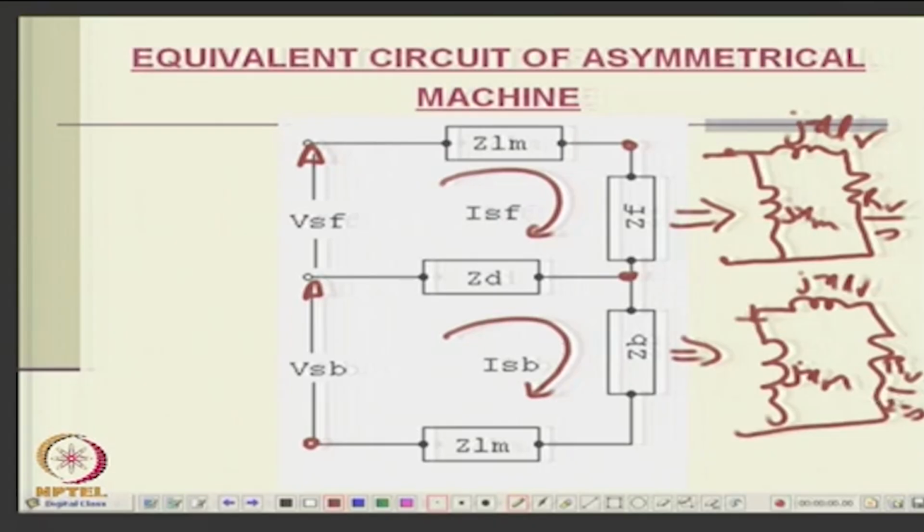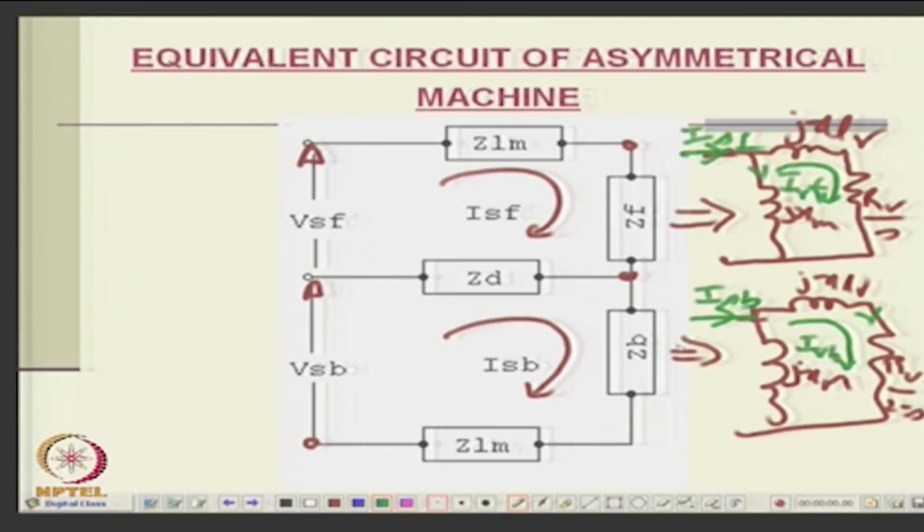Okay. Now, what will be this current? There are 2 currents here, IRF and IRB. Okay, when you know ISF, you can calculate this, no? Okay, when this is ISF, you can calculate what will be the IMF, the magnetizing current and the rotor current, and if this is ISB, this will be IRB.